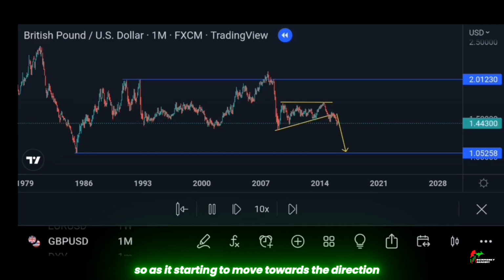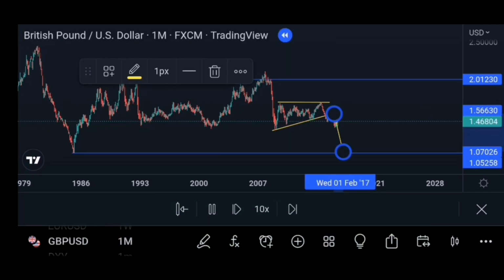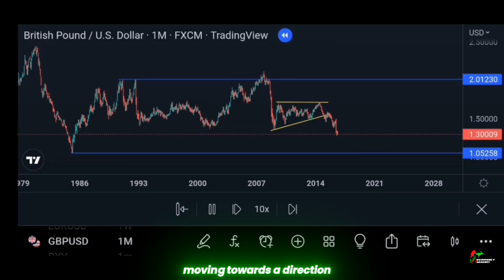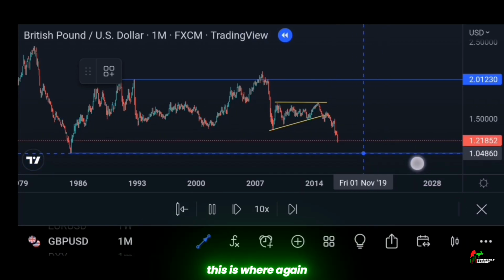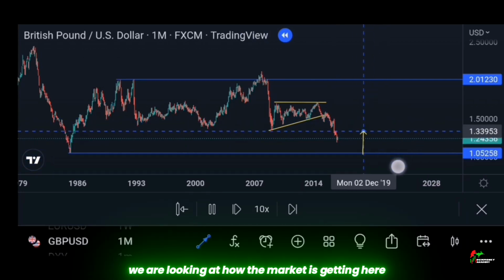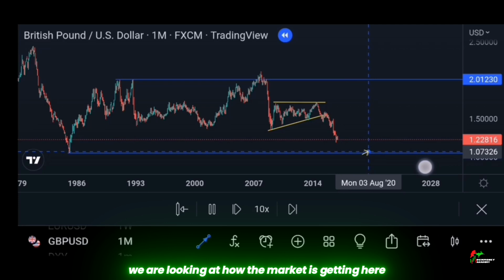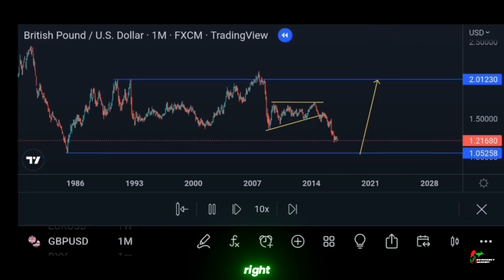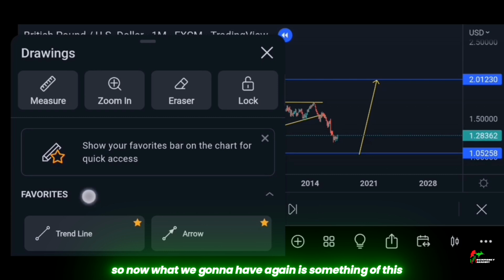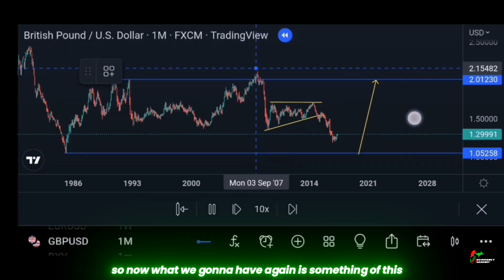So as it's starting to move towards the direction, and once it gets to these points, this is where again we are looking at how the market is getting here, and we take it to these points, right? So now what we're going to have again is something of this.